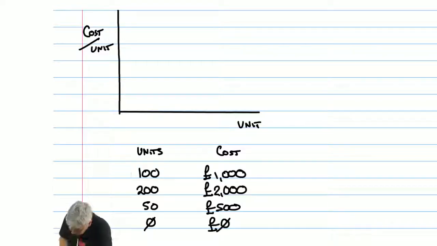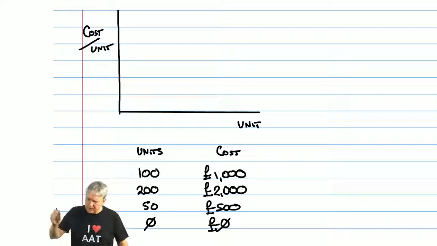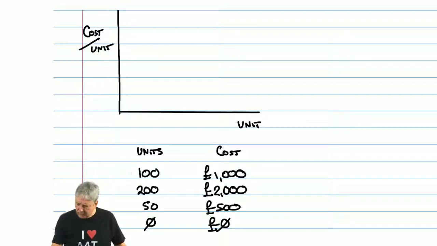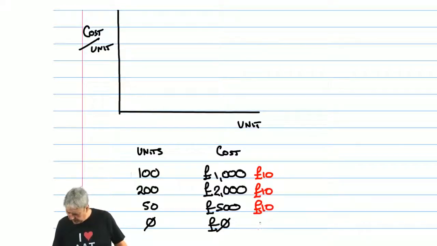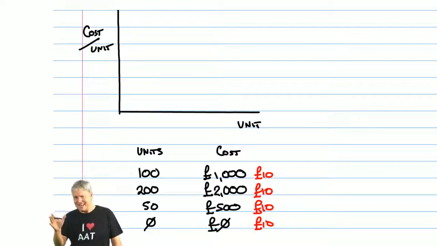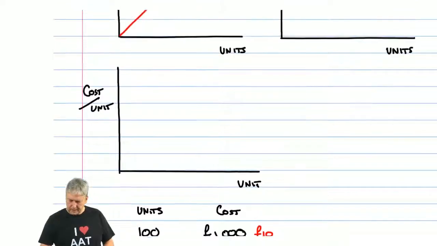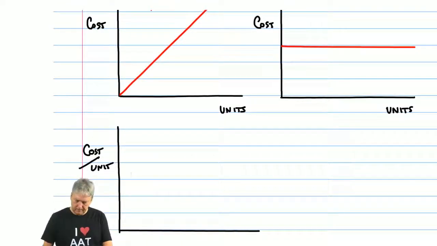Okay. What I want to say is, if that's the sort of illustration of a variable cost, does that make sense to everybody? To get the cost per unit, we divide the cost by the units, and we get 10, and we get 10, and we get 10, and although we can't really prove it, we get 10 for the zero case too. So on a per unit basis, the cost per unit is a constant.